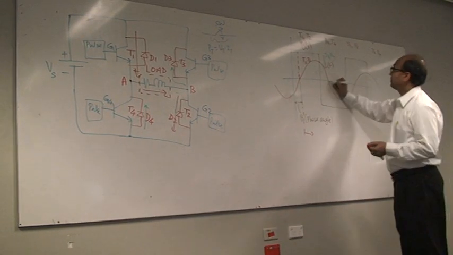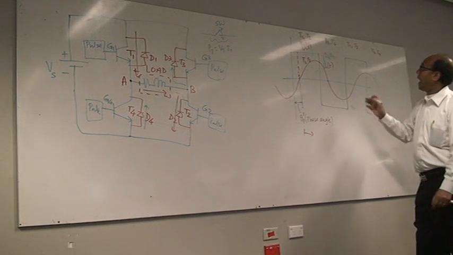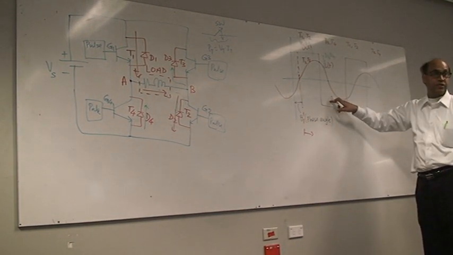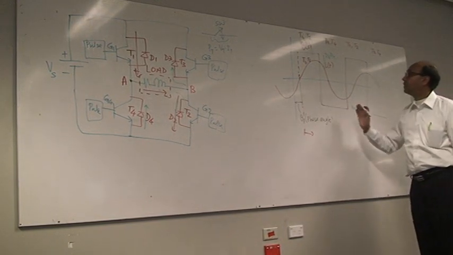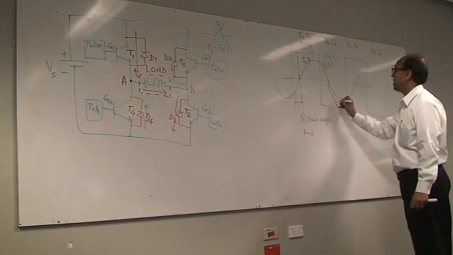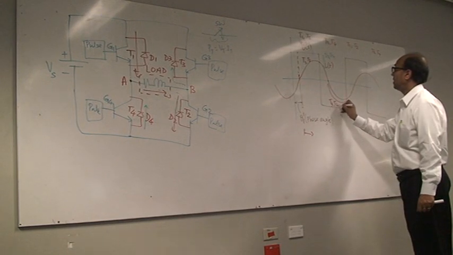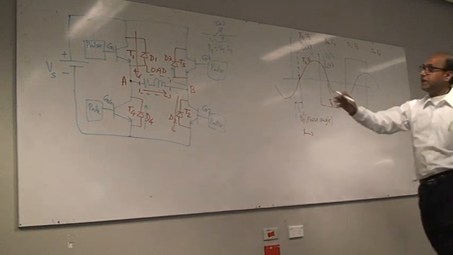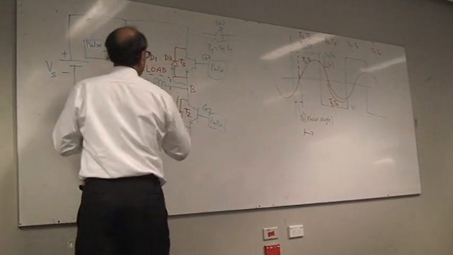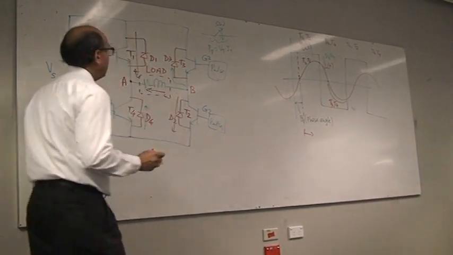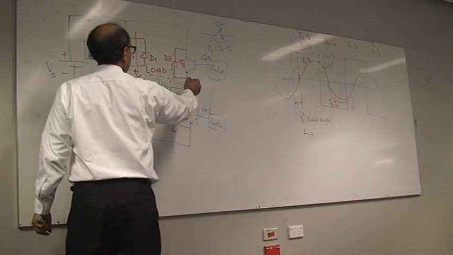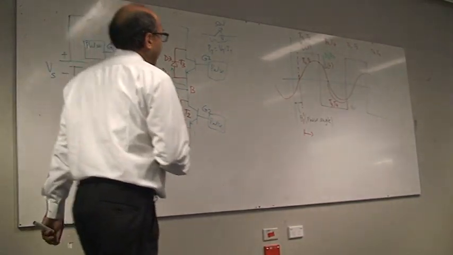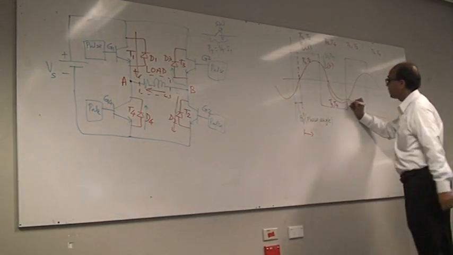Now when you come here, the current becomes zero, and the gate pulse for T3 and T4 takes effect. Already you have given the gate pulse to T3 and T4, but they were not on. But now they will be on. So this part till here is T3 and T4. The current now becomes negative, so T3 will carry current through this, T4 through that, and that will continue till this point.